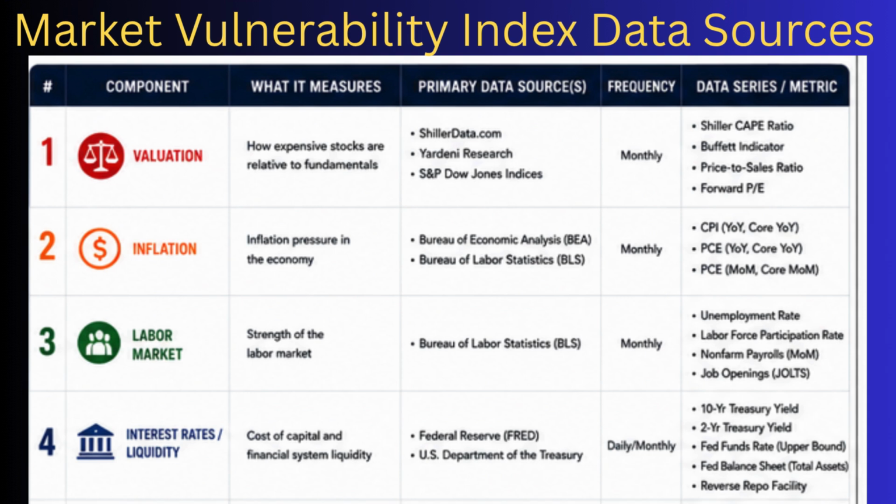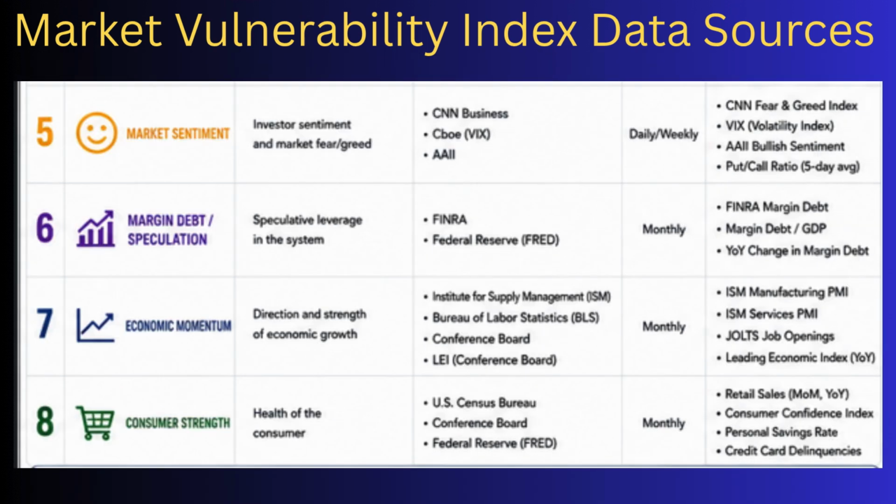It's a lot of government sources. And then there are 37 different things that we're pulling from these sources and measuring, and we've weighted them based on how much we think each of them influences the vulnerability of the stock market, and we come up with this score.